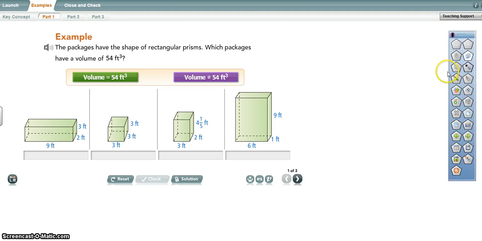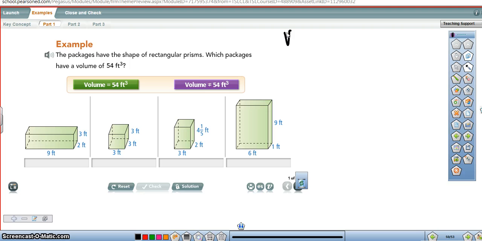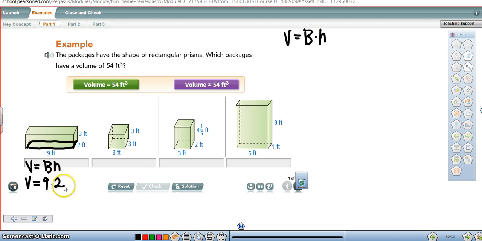Alright, remember, to get the volume of a prism, you do the area of the base times the height of the prism. So we look at this one. The area of the base will be 9 times 2 times the height, which is 3. 9 times 2 is 18, times 3 is 54 feet.